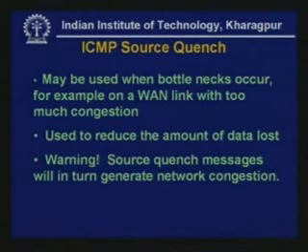Now, warning: source quench messages will in turn generate network congestion, because there were already too many packets in the network, and you have sent a source quench packet towards the source.